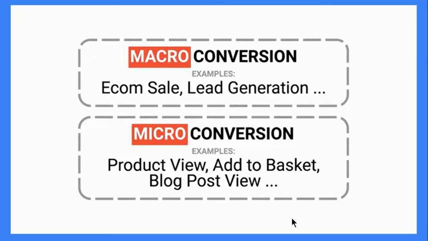So it doesn't come under your purchase or your checkout, and it won't be tracked. Also, blog post views, the kind of blogs you are posting on your website. These are micro conversions, and there are hundreds of them. These are not being covered on most websites, so make sure your analyst is capturing them.